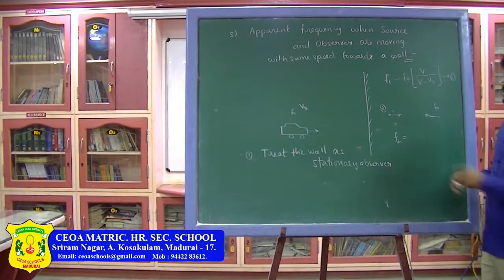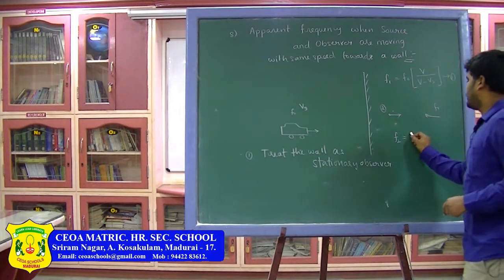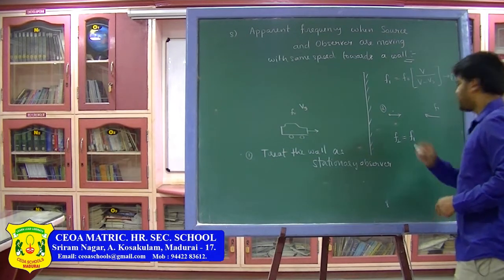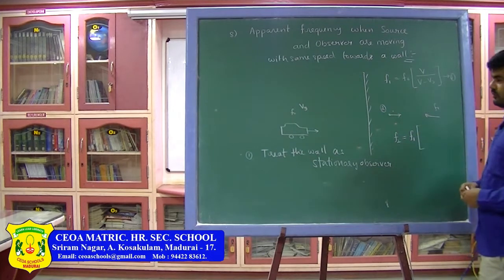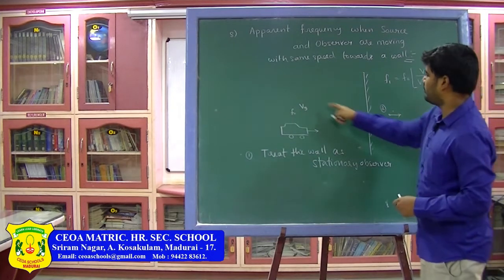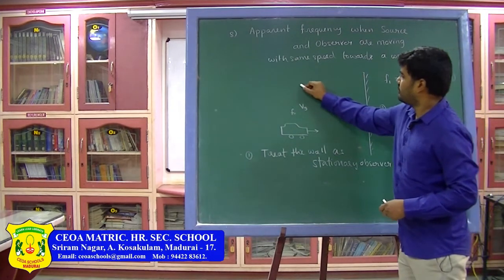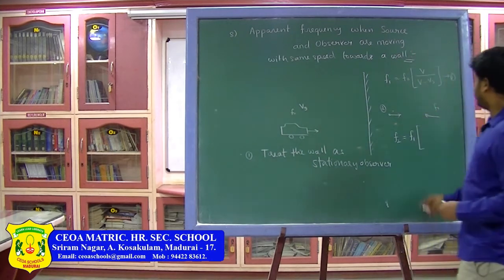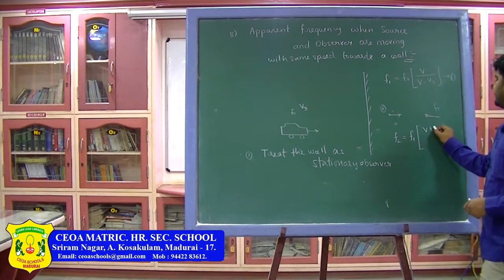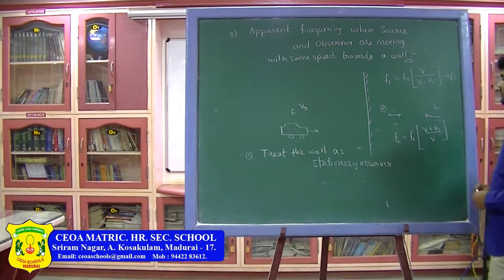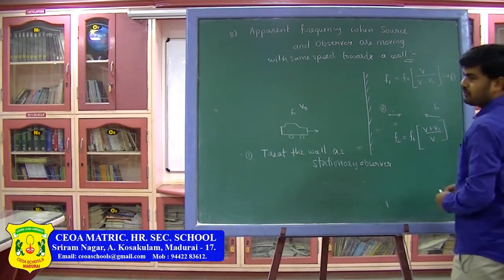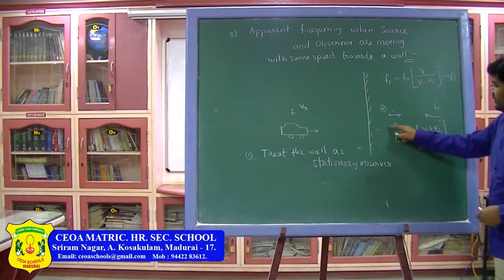Taking that into consideration, the actual frequency of sound in the second step is f1. Here the observer is moving towards the source, so the relative speed with which the observer receives the waves is V minus of minus Vs, so it will be V plus Vs, divided by V. This is the frequency received by the actual observer from the reflected sound.